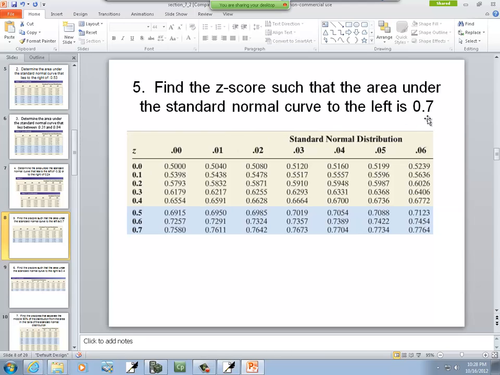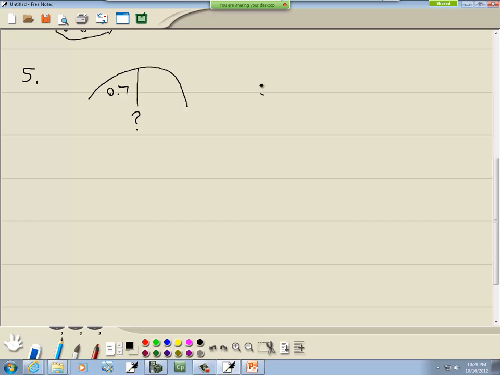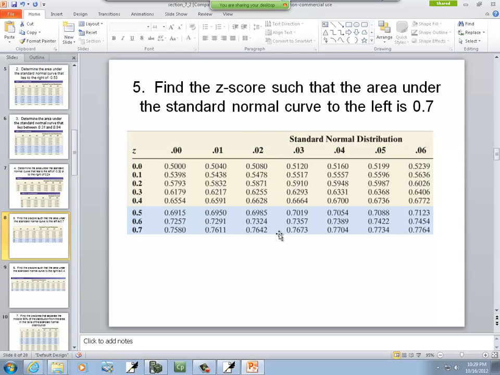So what I do is I take the look at the 0.7, and I look at my values in the middle here, and I'm looking for the one that's closest to 0.7. Well, 0.7 is 0.7 with 3 zeros.